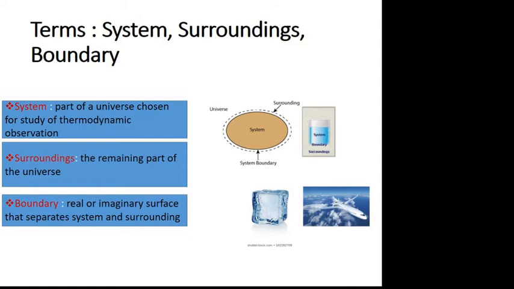In the case of a glass of water, the walls of the glass we can take as a real surface which separates it from the rest of the room. That is the boundary. And the system can be a simple ice cube or it can be an aircraft. From a simple ice cube to a very complicated, sophisticated aircraft can be taken as a system.